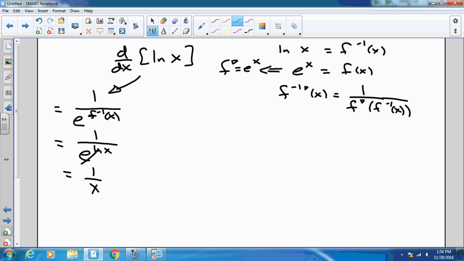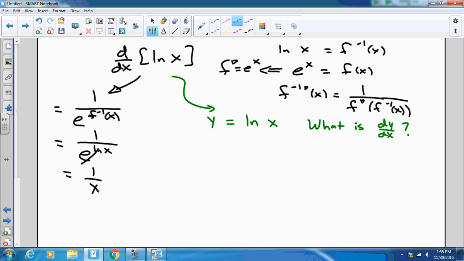There's a second way that we can get the same result by writing the problem in this way. y equals ln x, what is dy dx? And so remember our method with the inverse trig functions. First we undid the inverse.